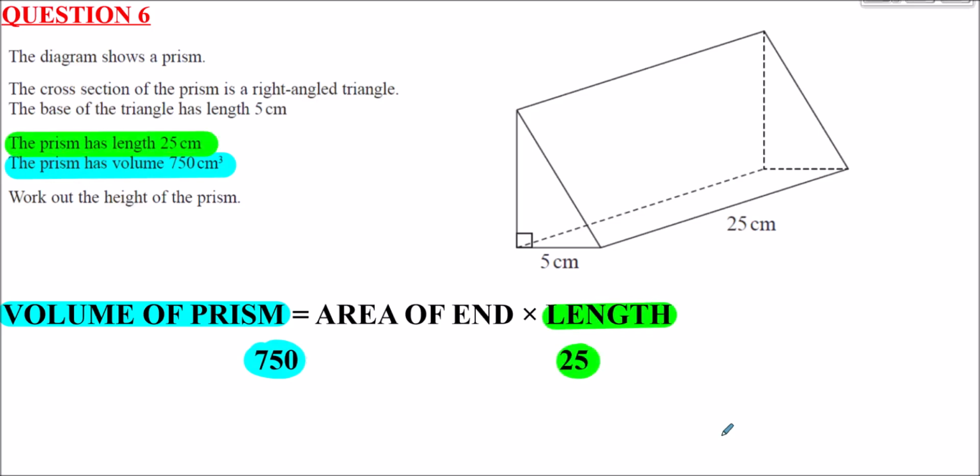So the volume of the prism, 750, equals some value, which is obviously going to be the area of the end, multiplied by 25. So we can rearrange that to find the area of the end bit, the area of a triangle. So the area of the end, in other words the area of this yellow triangle, can be solved by rearranging this.